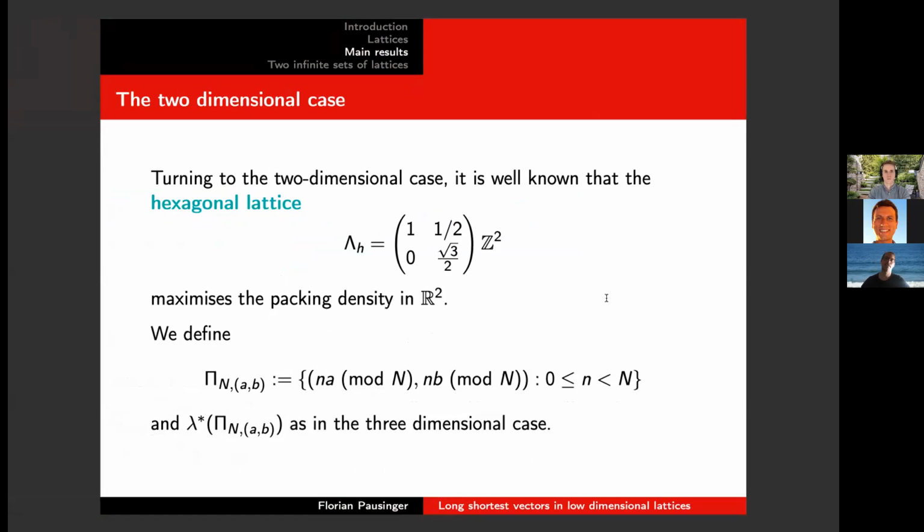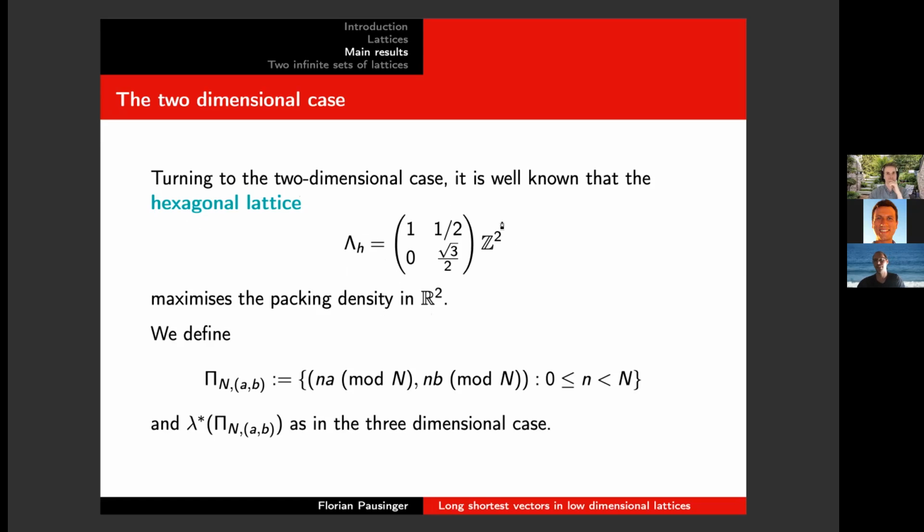Now, this was the 3-dimensional setup. One can ask the same question in 2 dimensions, which I actually did several years ago. And with a similar heuristic, one can derive similar results here. So in 2 dimensions, we have the hexagonal lattice that maximizes the packing density in R2.